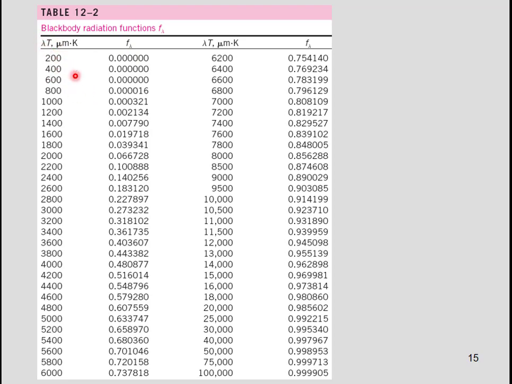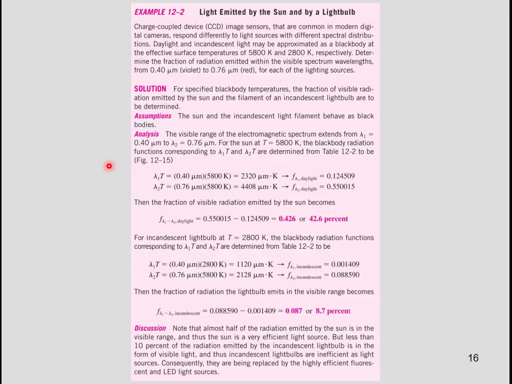If we know the temperature of the surface or an object, and we know the wavelength, then we can get this F lambda, and then we can calculate its radiation energy. Let's see in an example how we can calculate the radiation energy of an object with specified temperature for different wavelengths.